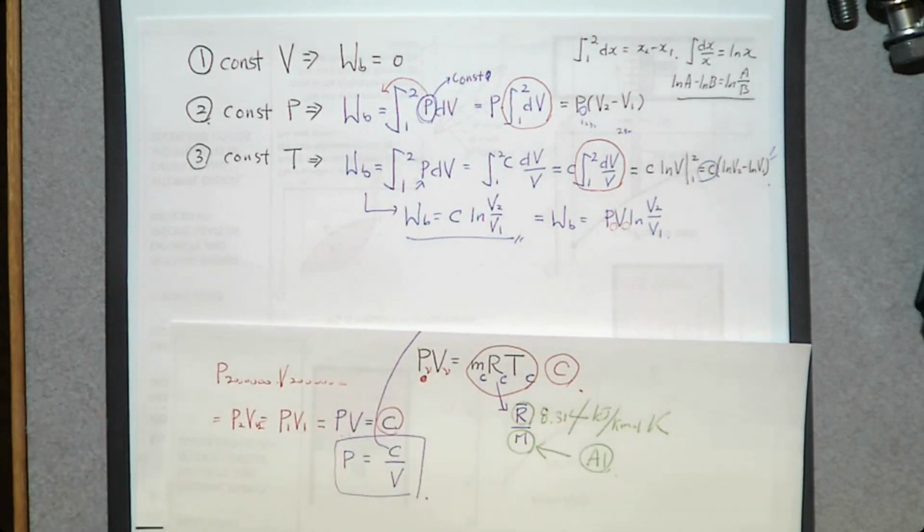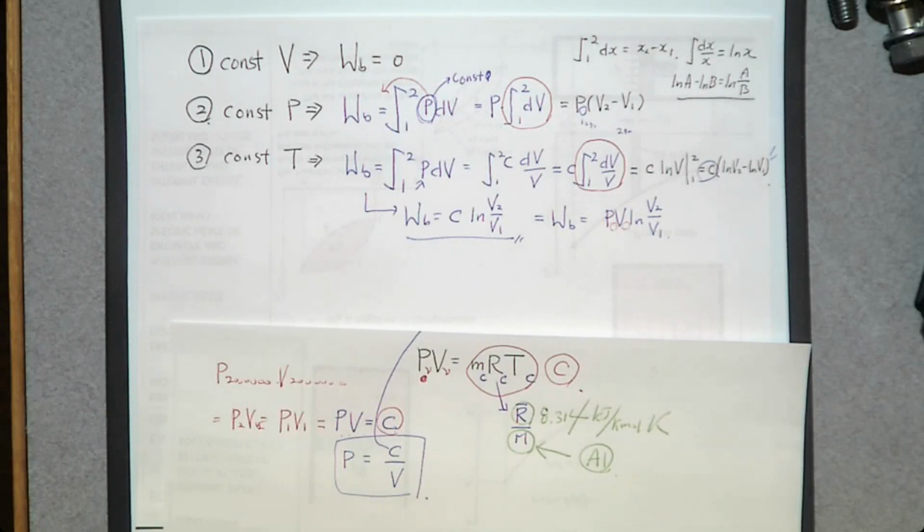No problem, right? So that's the constant temperature process. If you have a constant temperature process, this is how you determine moving boundary work: PV natural log V2 over V1. You can say P1 V1, P2 V2, it doesn't matter. But you cannot say P1 V2 or P2 V1, right? If you use P1, this V should be V1, okay?